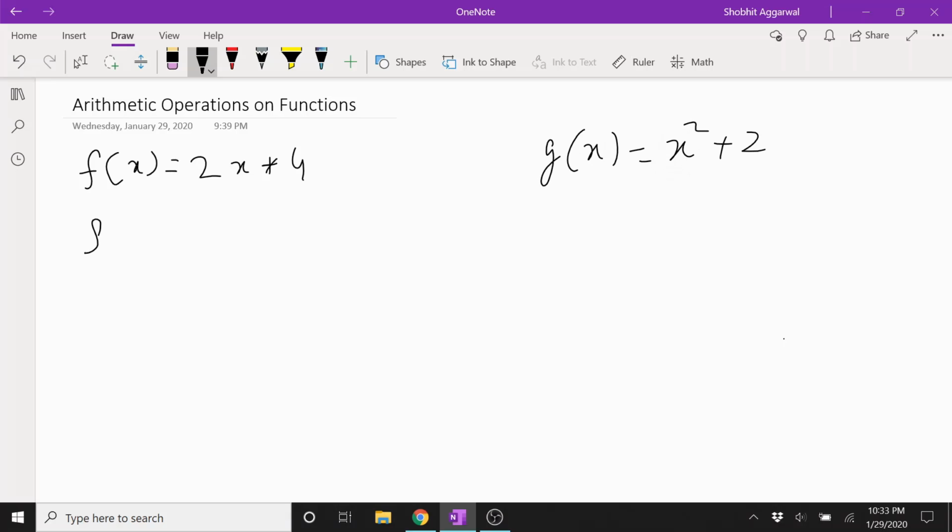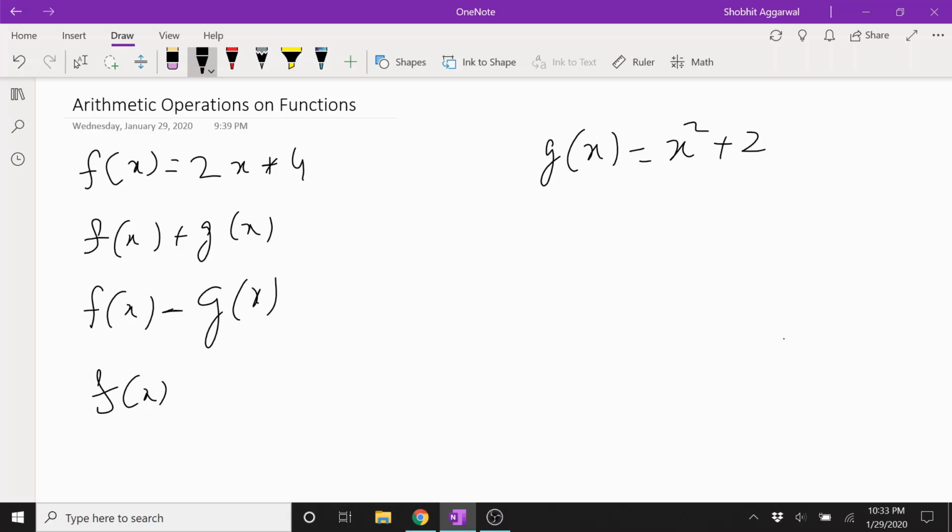So we have to find out f of x plus g of x, f of x minus g of x, and f of x multiplied by g of x.